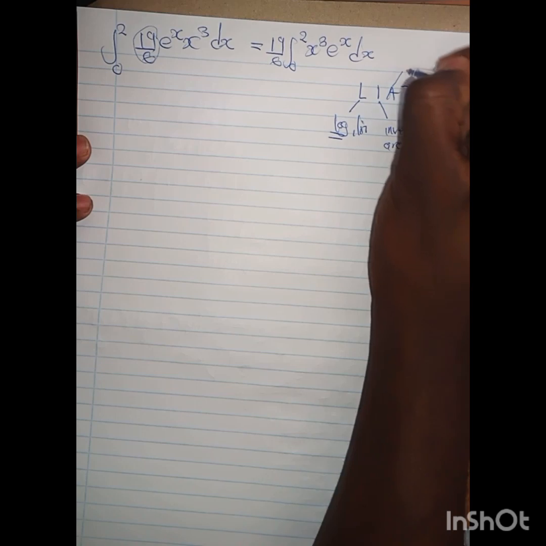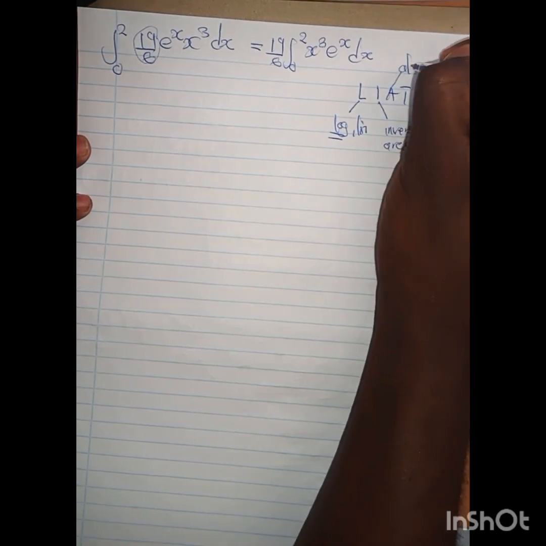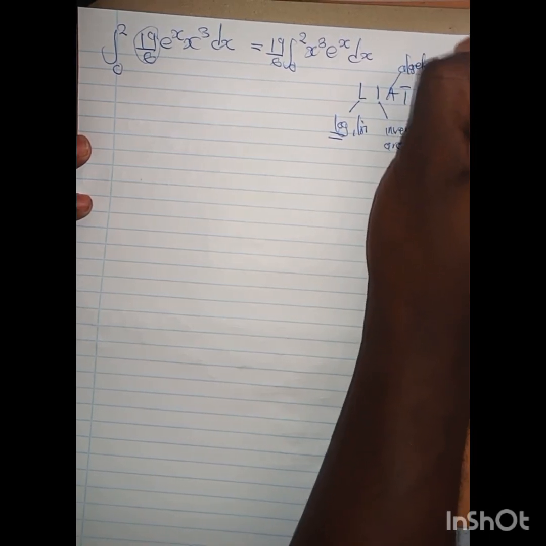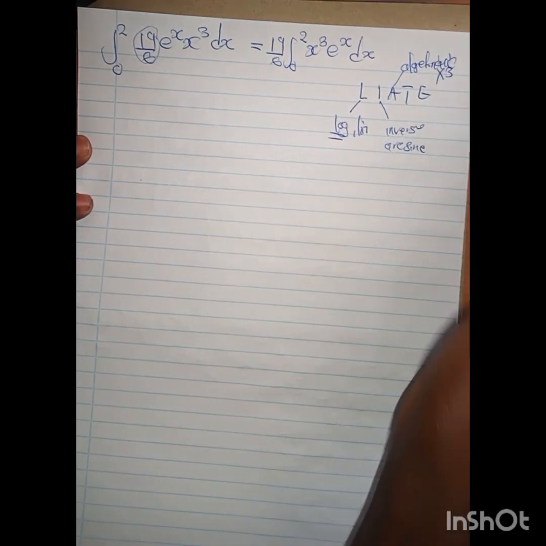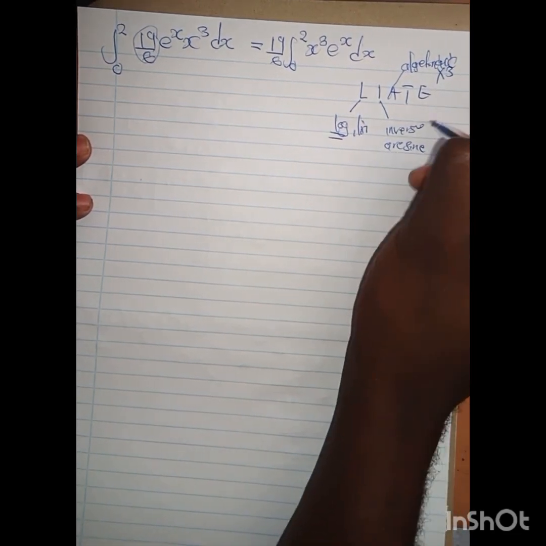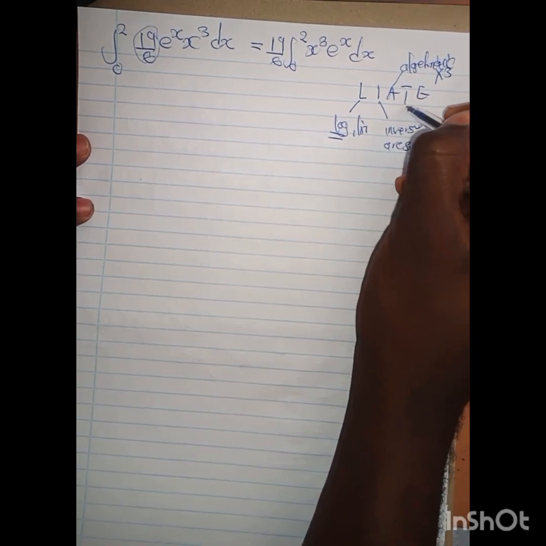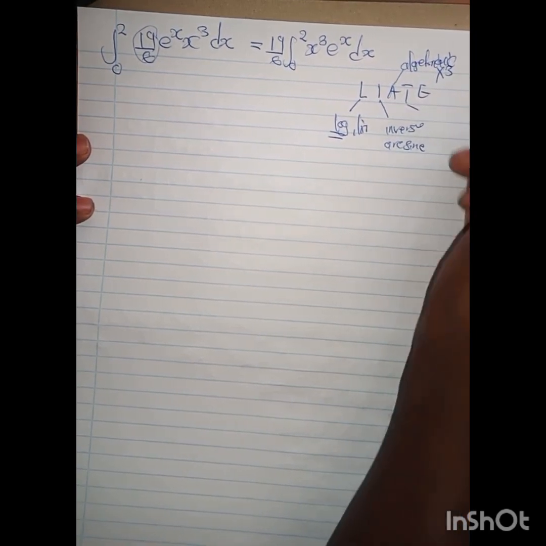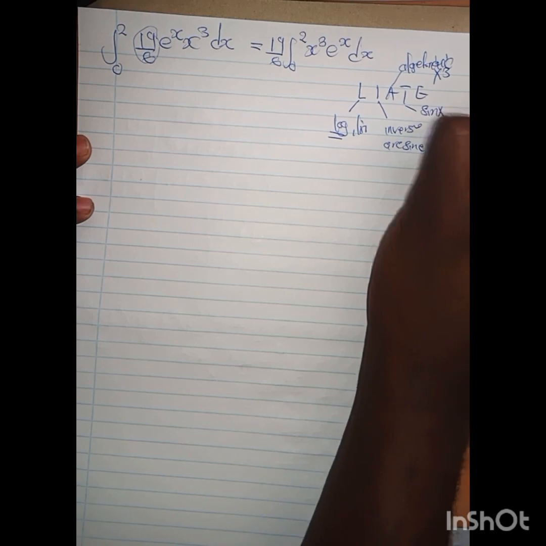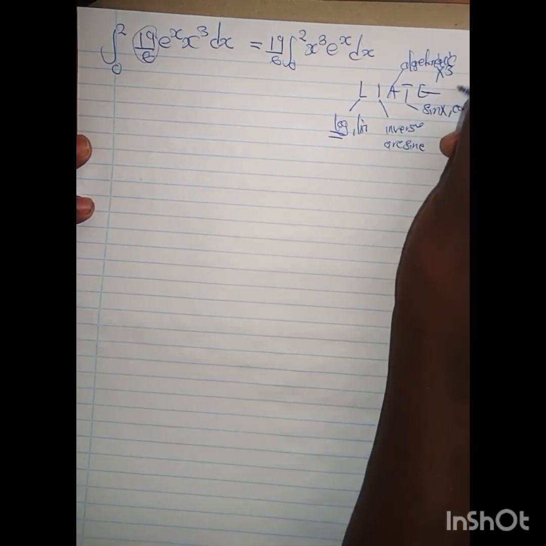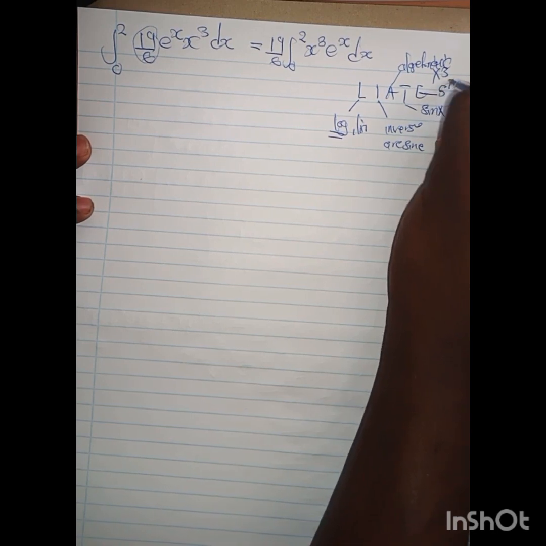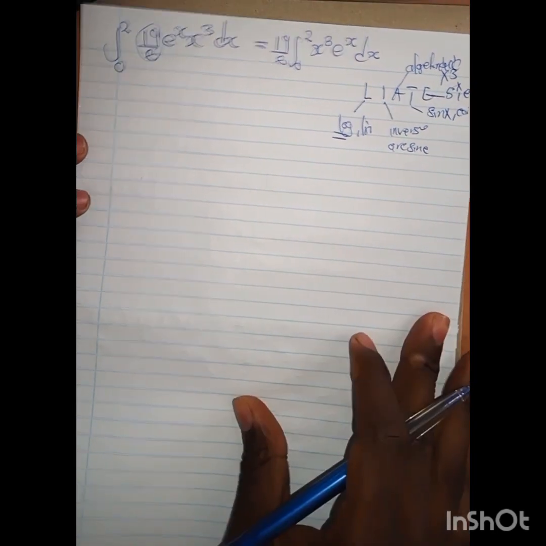So A is our algebraic function like x cubed and stuff. So we'll have three ratios: sine x, cos x, and so on. Then exponentials, we can have 5 to the x, e to the x, and stuff.